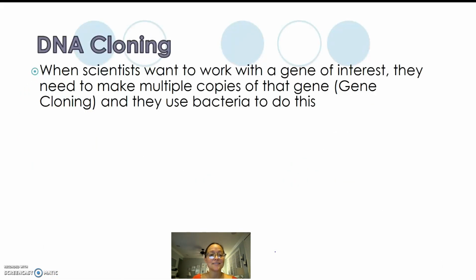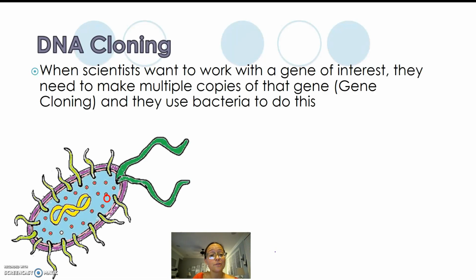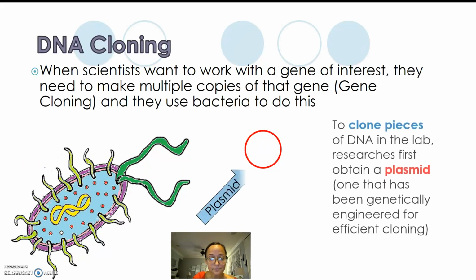So scientists, when they want to work with a gene of interest, they need to make multiple copies of that gene. We call this gene cloning, and they're going to use bacteria to do this. So here's a bacteria. Now, inside bacteria, they have little circular pieces of DNA called plasmids. So again, this little circular piece is what we're going to work with in genetic engineering.